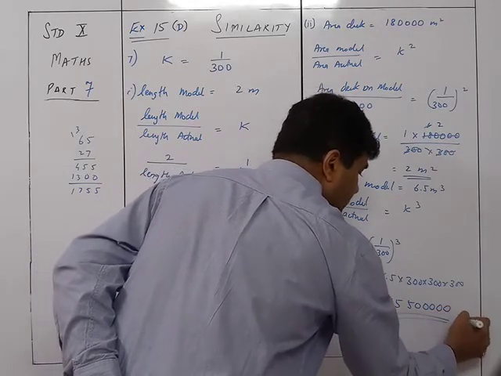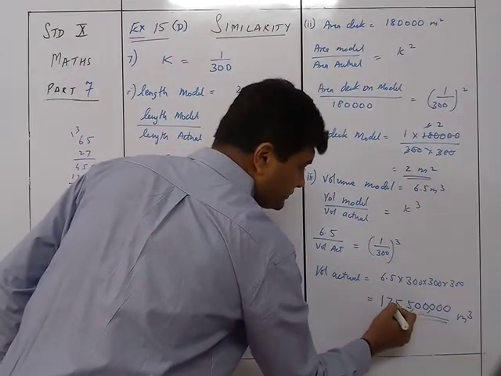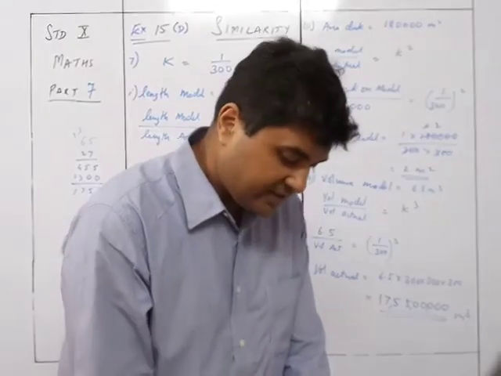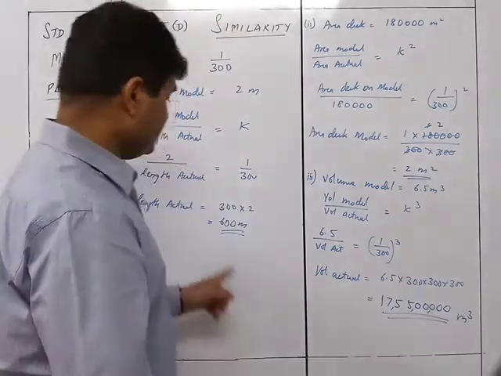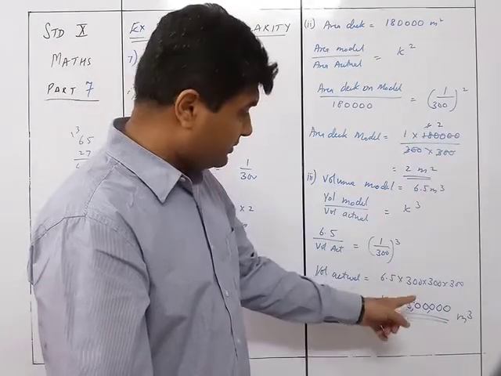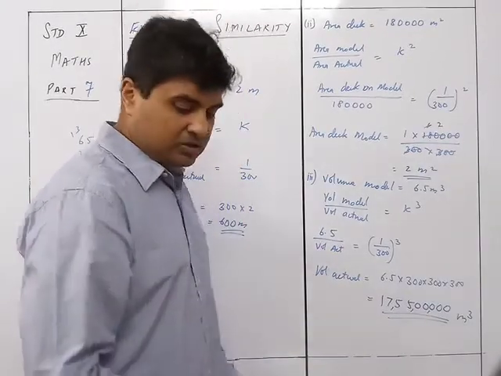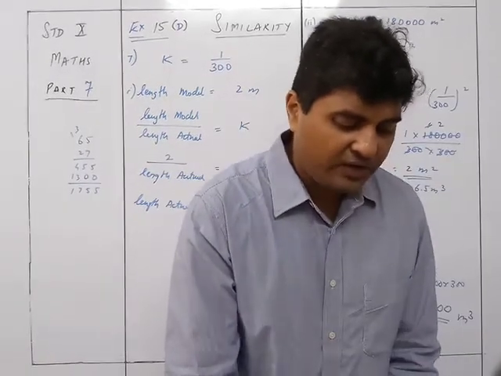This much meter cube. So that is 17 crores 55 lakhs. Okay, so let's see the answers. We see it as 600 meters, 2 meters square and 175,500,000 meter cube. So that was sum number 7 and the end of exercise 15D.